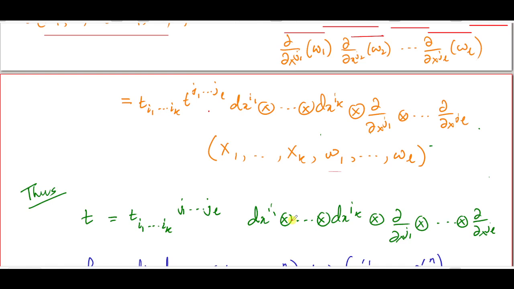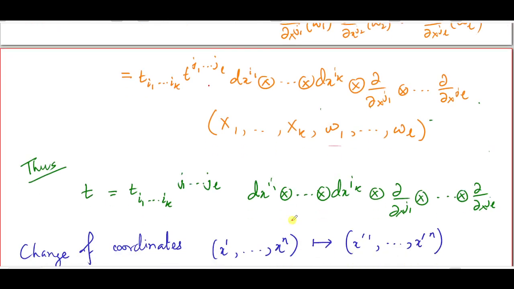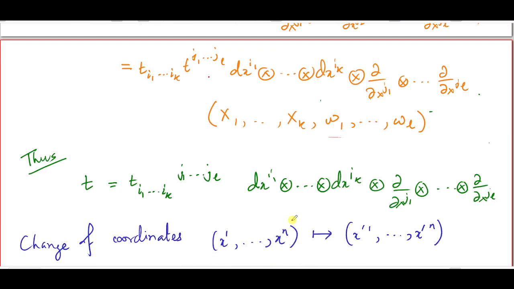Now, an immediate question that arises whenever you talk about a coordinate system is, what happens if you use another one, a different coordinate system? Of course, that means that we are talking about two charts, U comma phi and U prime comma phi prime, with coordinate functions x1 through xn for U phi and x prime 1 through x prime n for U prime phi prime, and there is an overlap region.